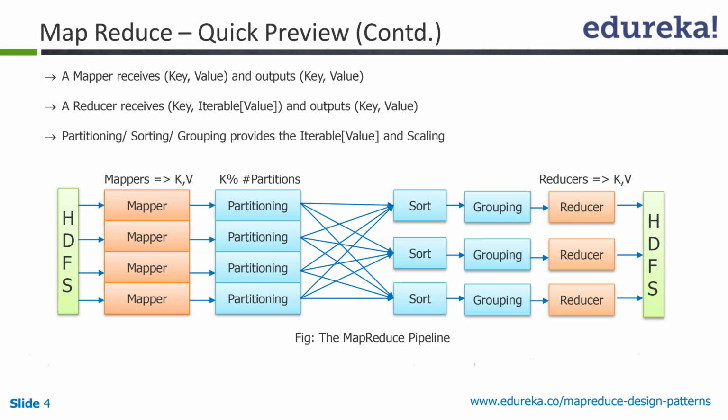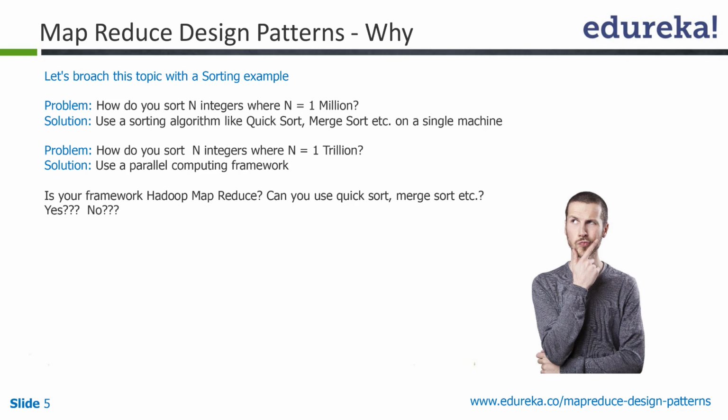So you can provide your own comparators to that, and the effect of that turns into you having an algorithm which helps you do secondary sorting. It's very important for you to understand each of these blocks properly and how you can use these in different ways.